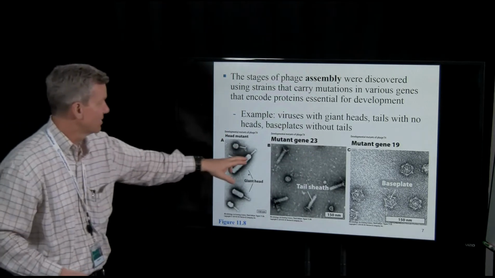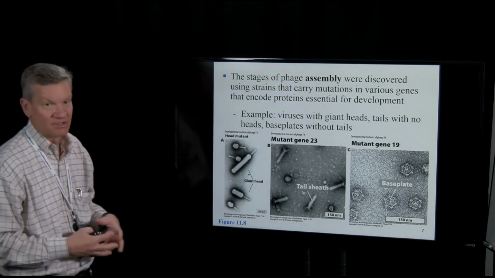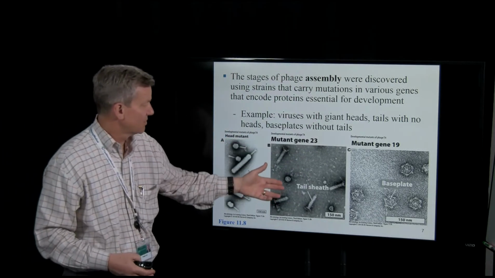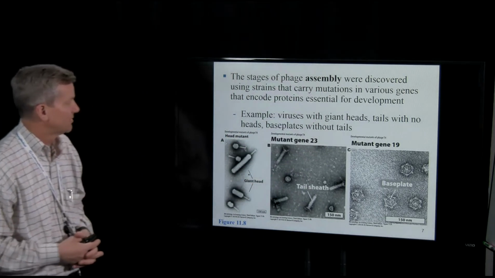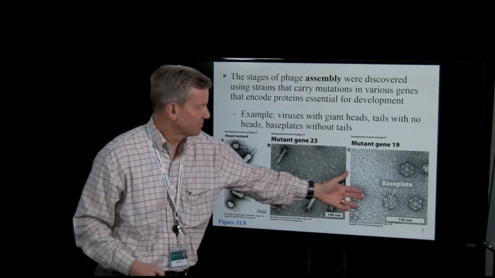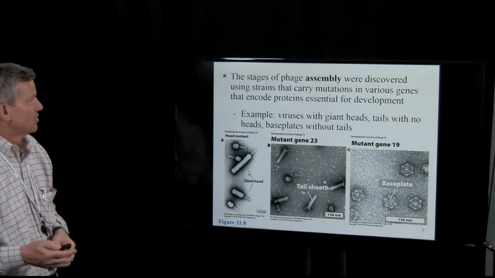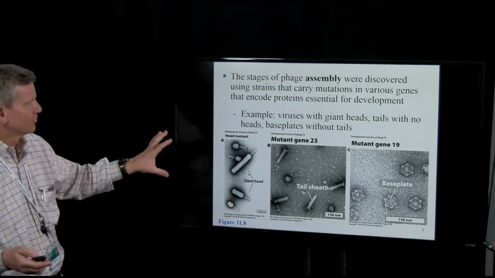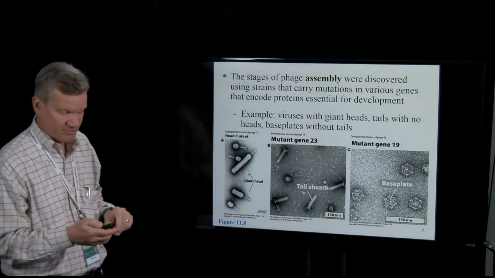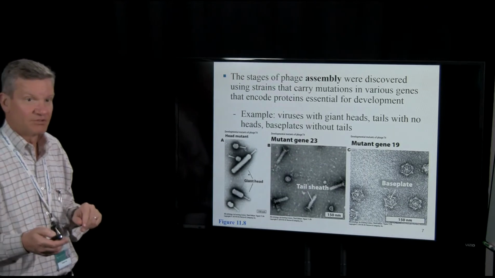It keeps adding these monomeric proteins into the capsid of the phage head. We make other mutants and we just get tail sheaths and no head. Now we have one that has a base plate and no sheath. So this is how we've learned to dissect viruses, and we started with bacteriophages, and we can do this now with mammalian viruses as well.